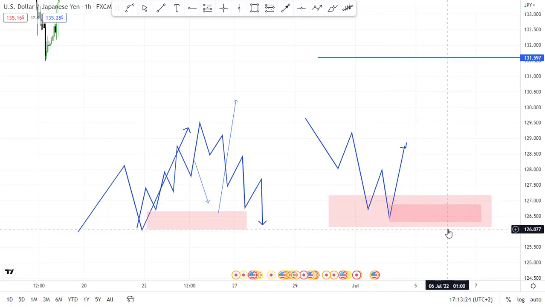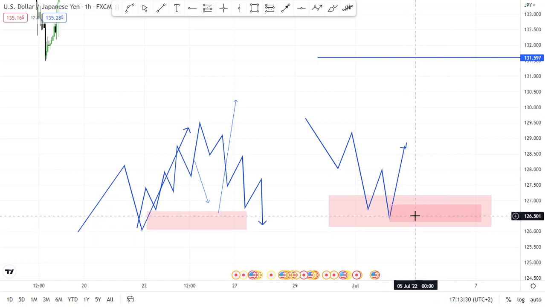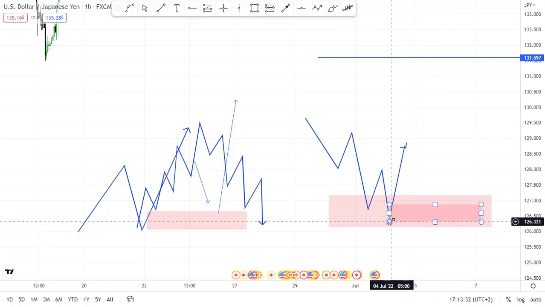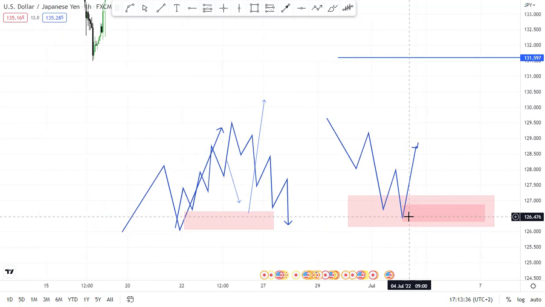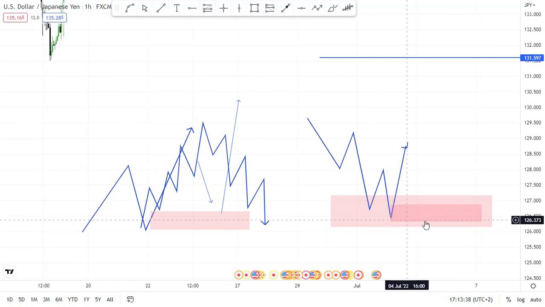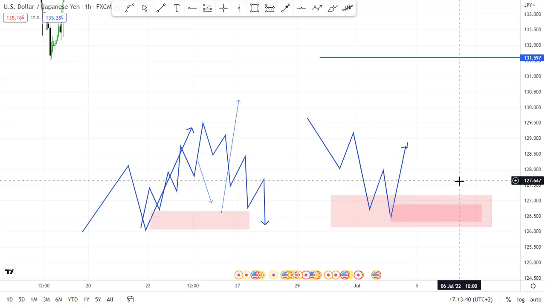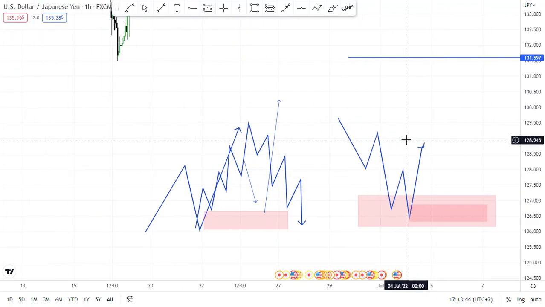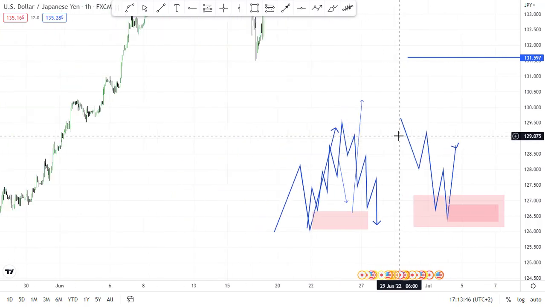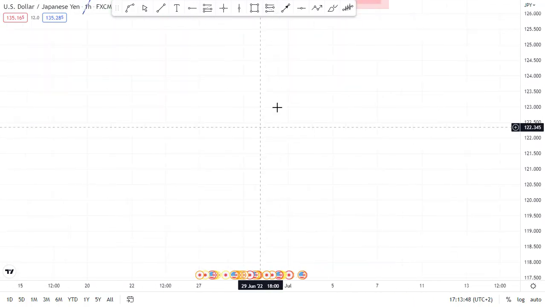But we are also going to give you what we call a confirmation entry that comes after this. Sometimes if you want a lot of confluences and a lot of confirmations in your trades, you might ignore this and wait for the confirmation entry. What do we mean when we say the confirmation entry? This is what we are trying to explain.